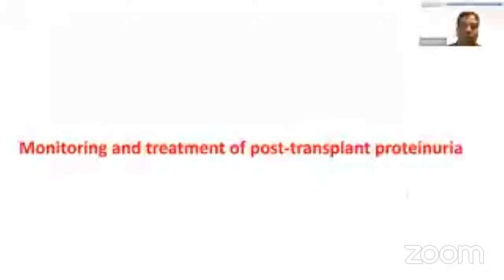But how to monitor and treat the post-transplant proteinuria? A brief look at the clinical aspect.